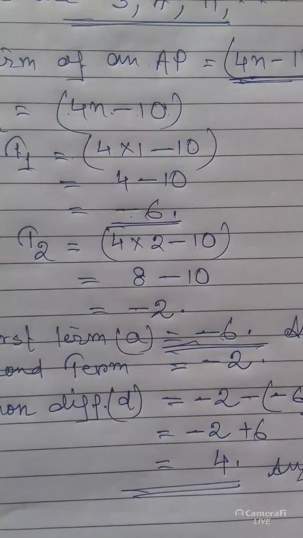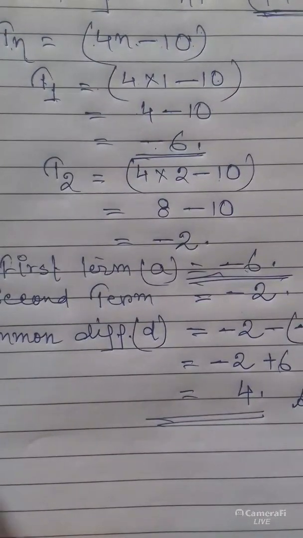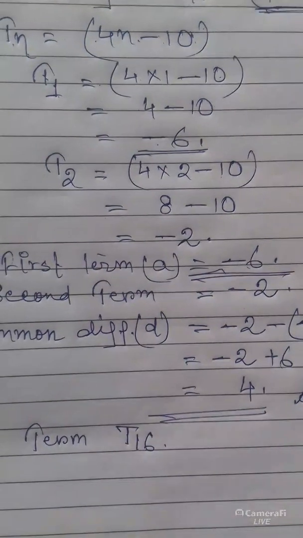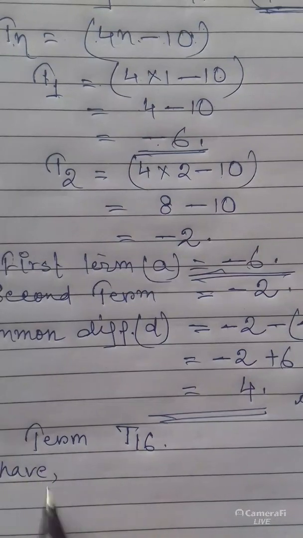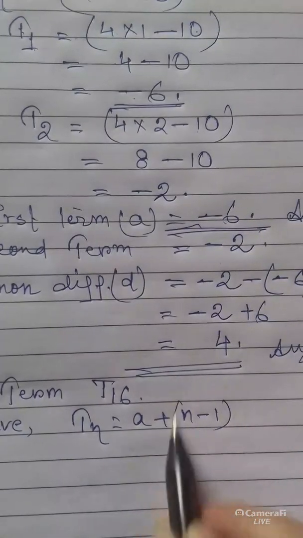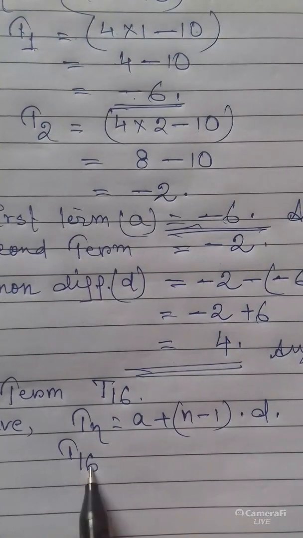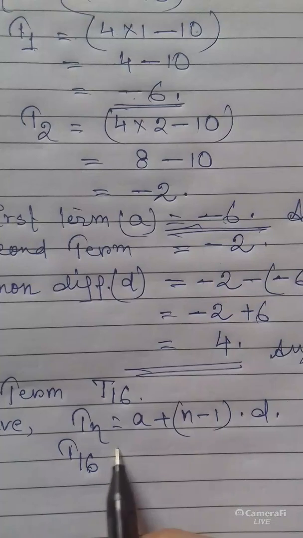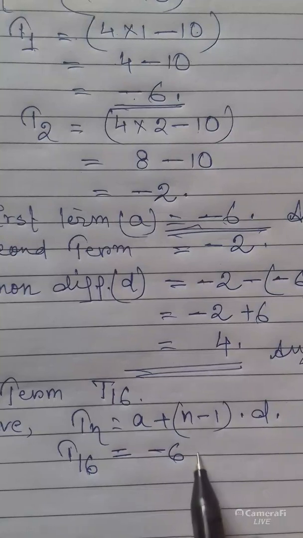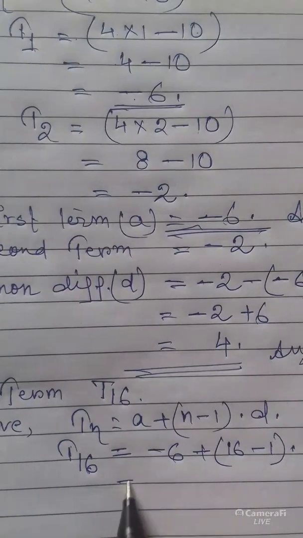Now find the 16th term. 16th term means T16. We know that Tn equal to A plus n minus 1 into D. So for the 16th term, n equal to 16. T16 equal to A, which is minus 6, plus 16 minus 1 into 4.